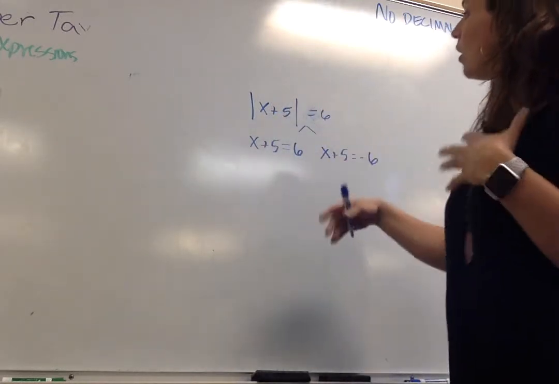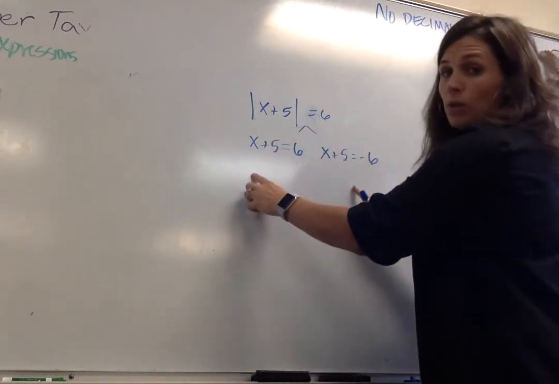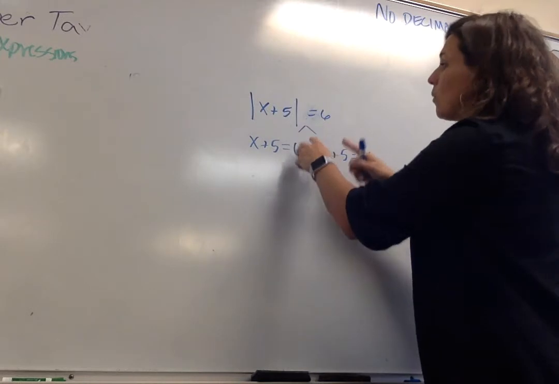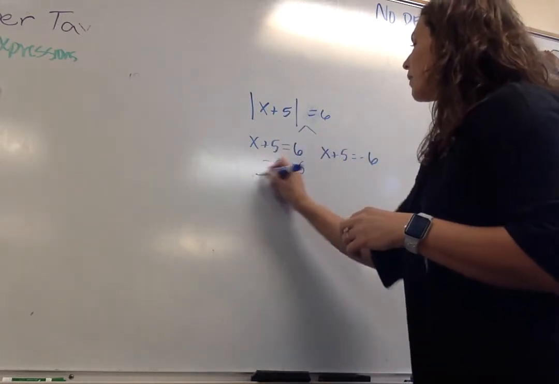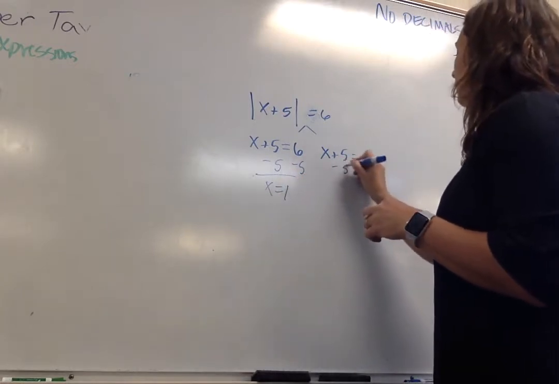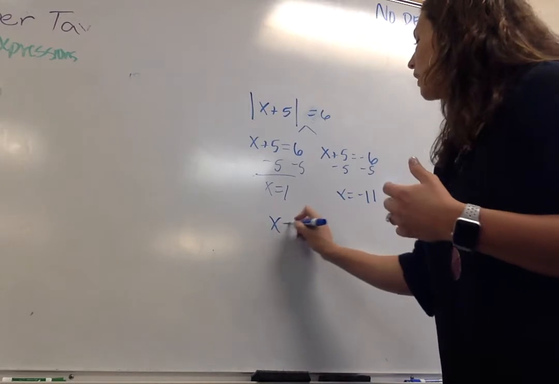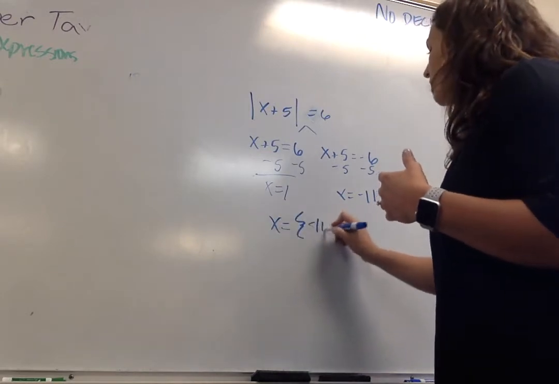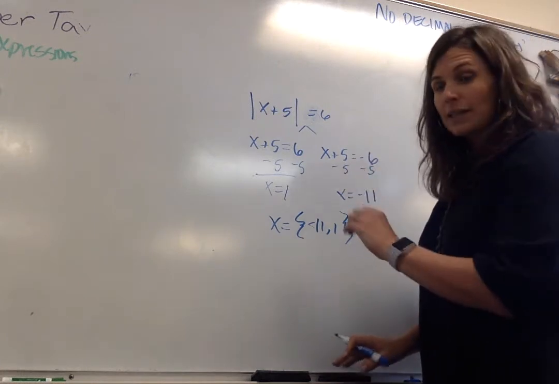So I want you to recall that when we did equations, we made two new equations and then we solved them. So I got x equal to 1, and I got x equal to negative 11, and then I put it in bracket form from least to greatest. That's what we did when we did absolute value equations.